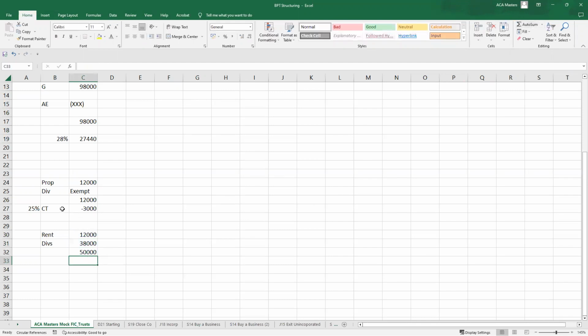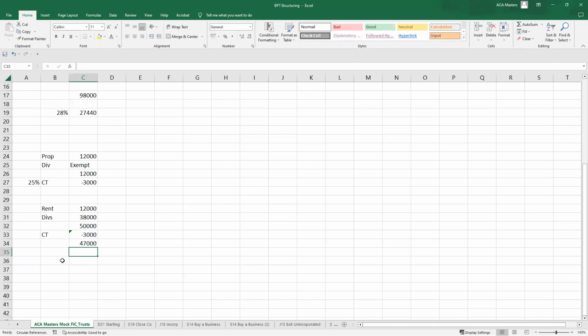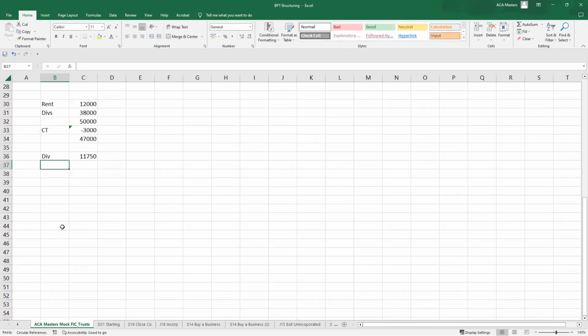It's going to pay corporation tax of 3,000, and therefore that's going to leave 47,000 out as a dividend available to pay. And then there's four of them. It said that all the shares they've subscribed to an equal amount of shares, and all the shares have voting rights. So therefore that would be the dividend that they would receive each.